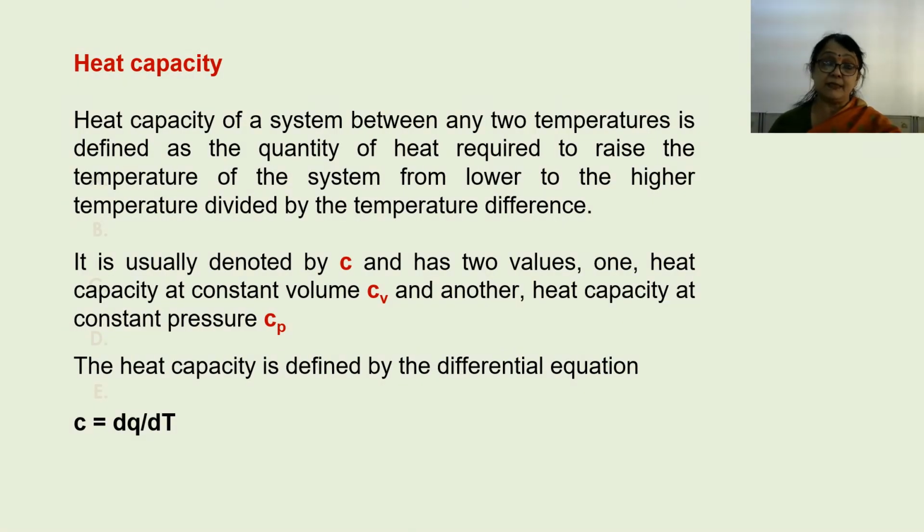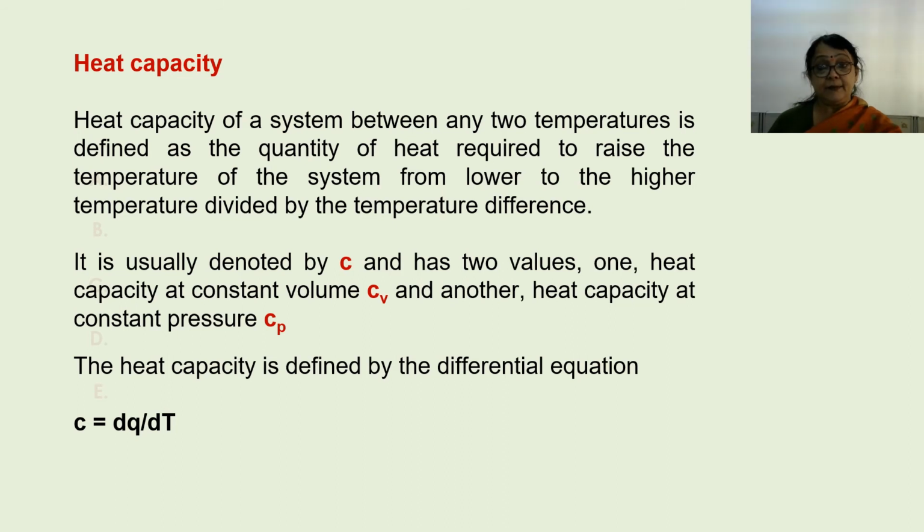Now let us discuss heat capacity. Heat capacity of a system between any two temperatures is defined as the quantity of heat required to raise the temperature of the system from the lower to the higher temperature divided by the temperature difference. It is usually denoted by C and has two values.